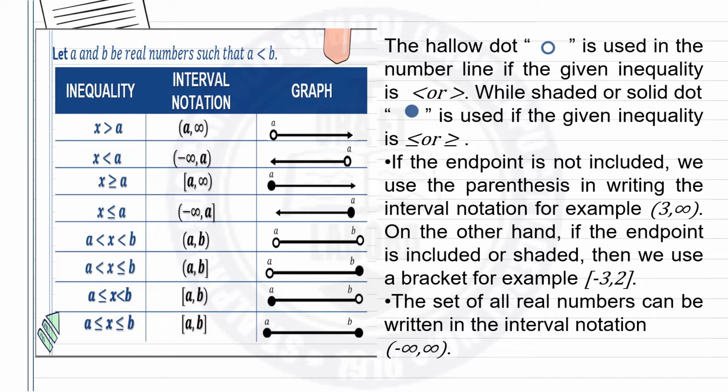On the other hand, if the endpoint is included or shaded, then we use a bracket. For example, open bracket, -3. The set of all real numbers can be written in interval notation as open parenthesis, negative infinity, comma, positive infinity, close parenthesis.